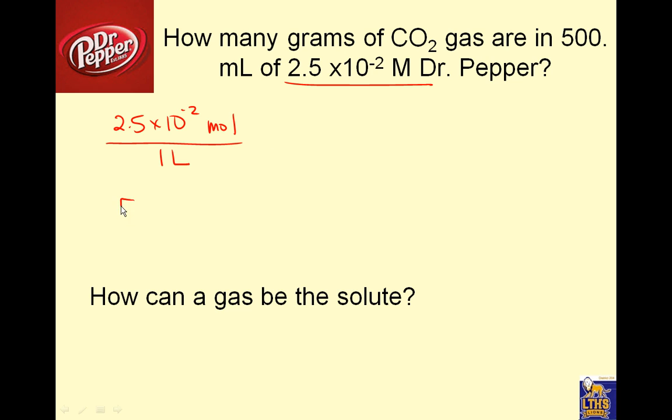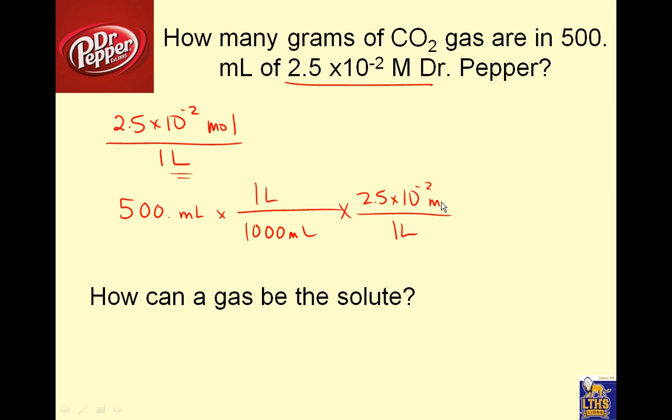So if you have 500 milliliters of solution, because molarity has liters, we say it's 1,000 milliliters for every 1 liter. And then every 1 liter of Dr. Pepper has 2.5 times 10 to the negative second moles of carbon dioxide.